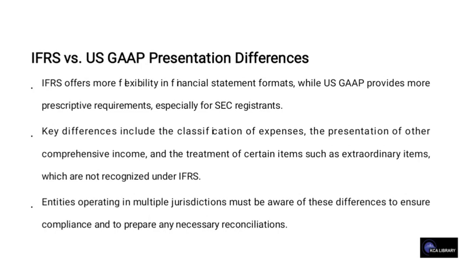Key differences include the classification of expenses, the presentation of other comprehensive income, and the treatment of certain items such as extraordinary items, which are not recognized under IFRS, and we have it well explained in the notes. Entities operating in multiple jurisdictions must be aware of these differences to ensure compliance and to prepare any necessary reconciliation.